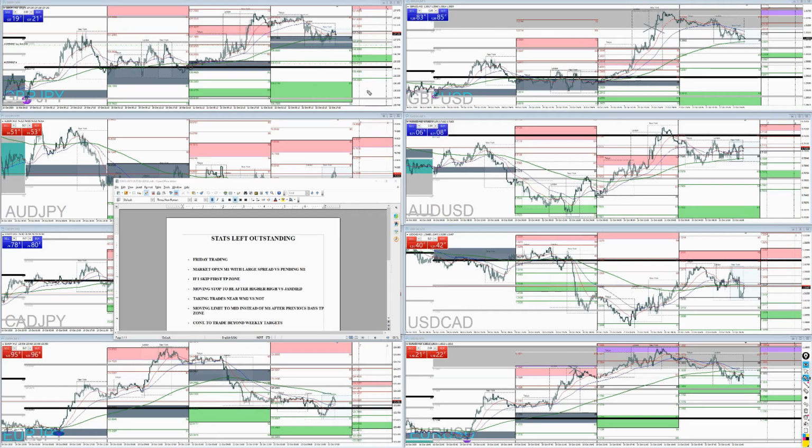We had our weekly target hit, or sorry, our daily target hit, and in the rules, after the daily target is hit, I take it at M2. But the spread was so big, the spread was way up here.